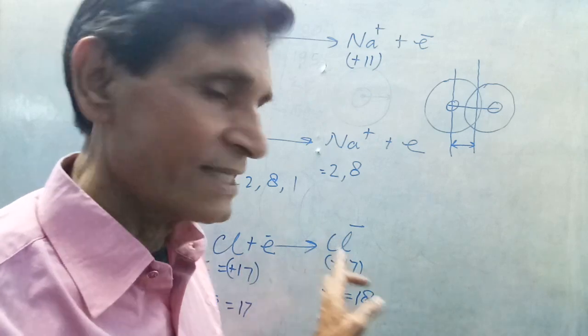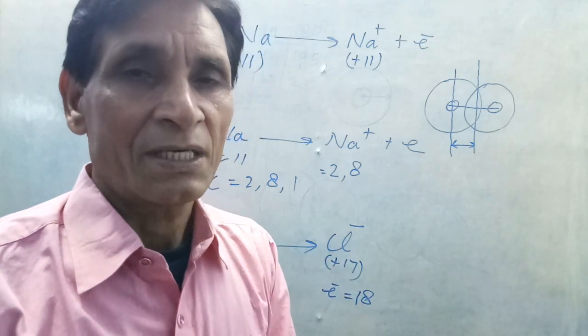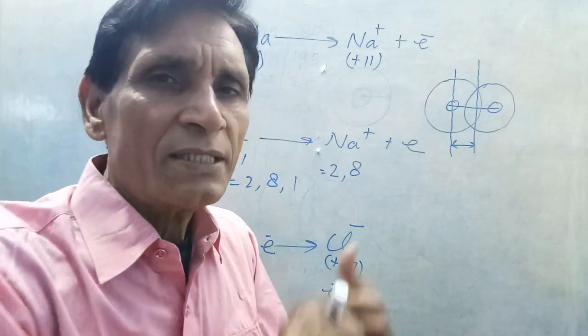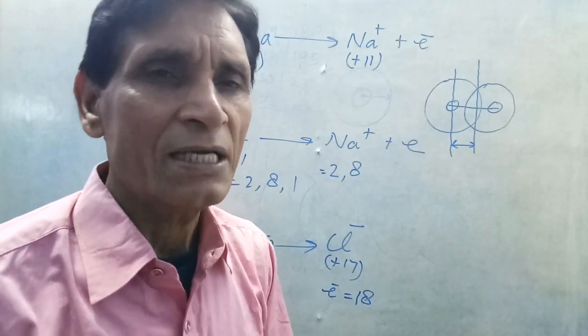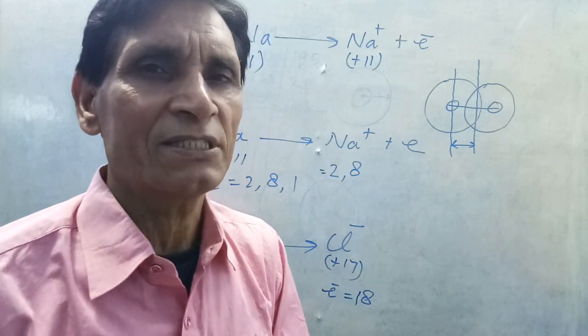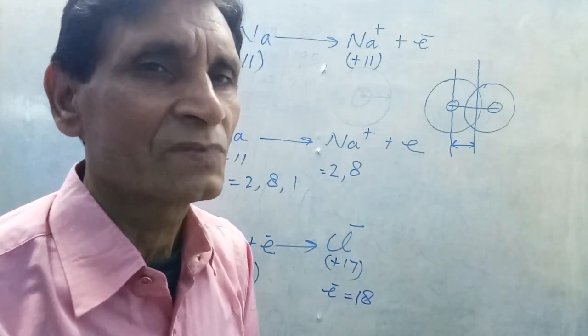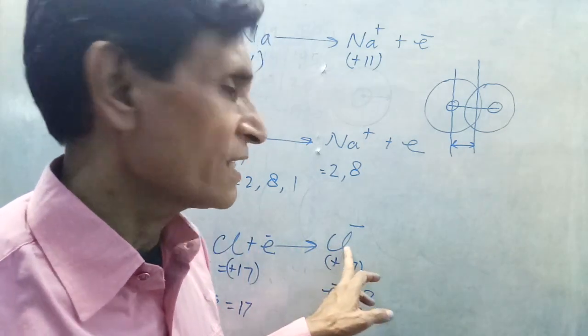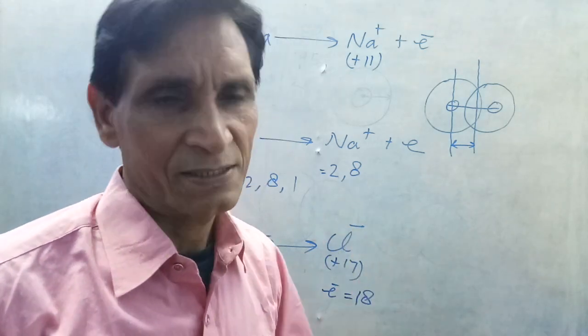Nuclear charge same. Again, nuclear pull on the outer electron, meaning attractive force exerted by the nucleus per electron, effective nuclear charge, decreases. As a result, the size of the chloride ion increases.